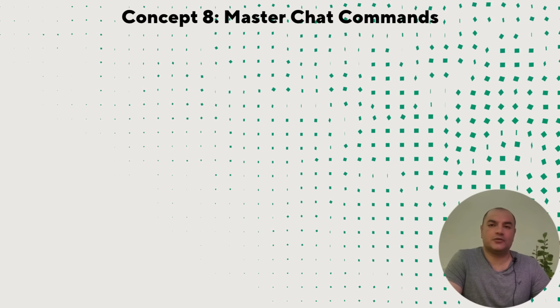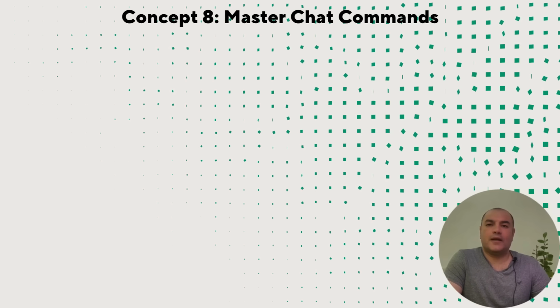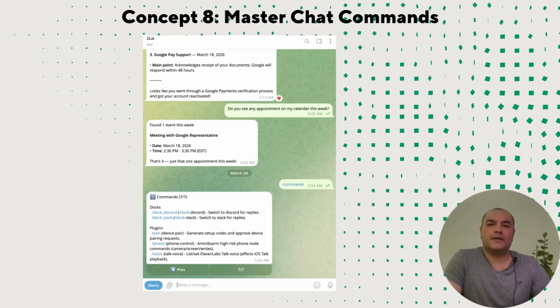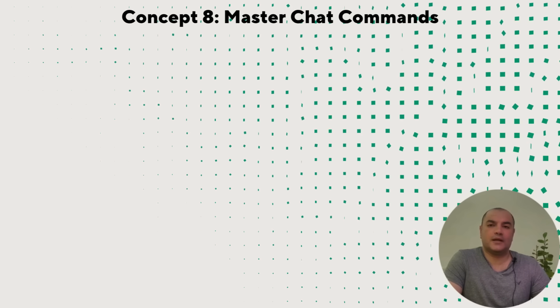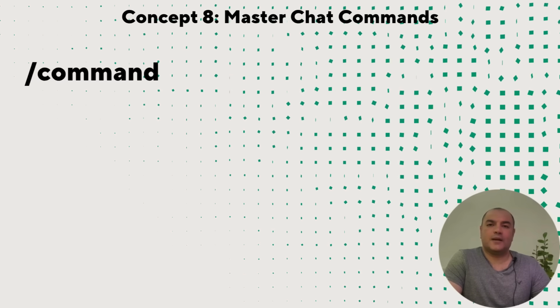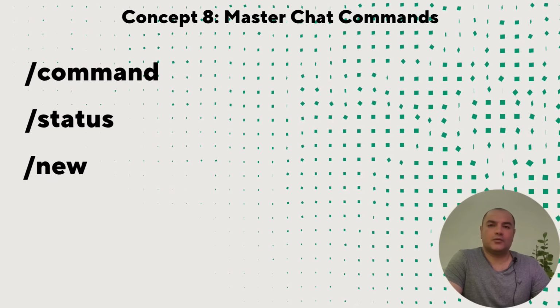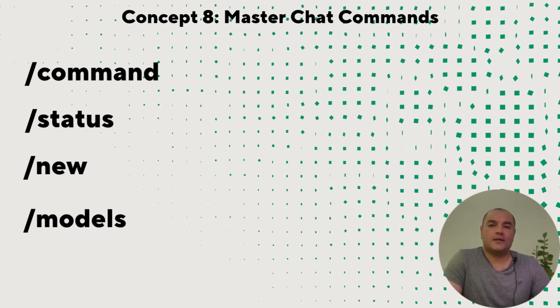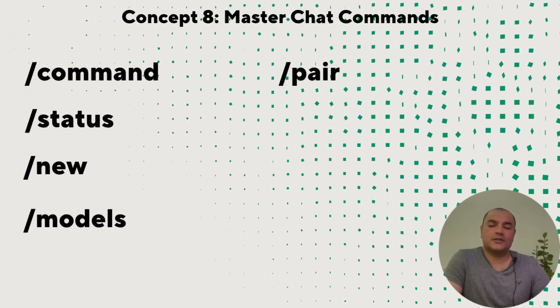Concept 8 gives you direct manual control from your phone. Master chat commands. You always have manual control over the agent directly through your chat window. If you type the slash, you can see the full list of default commands. Things like status to check health, new to spawn a fresh session, models to switch providers, or pair for mobile devices.